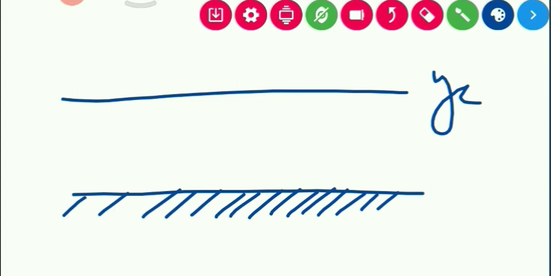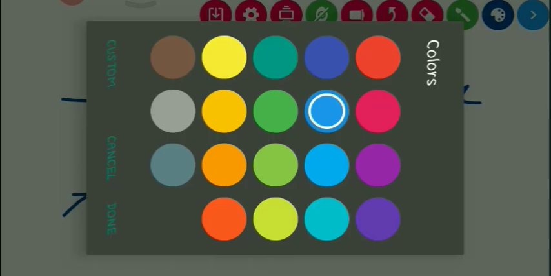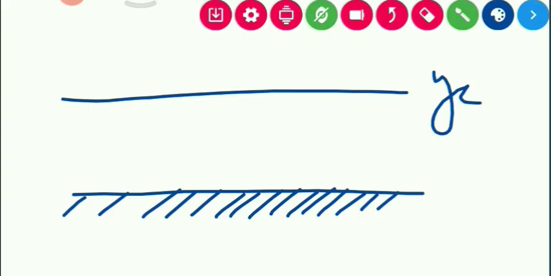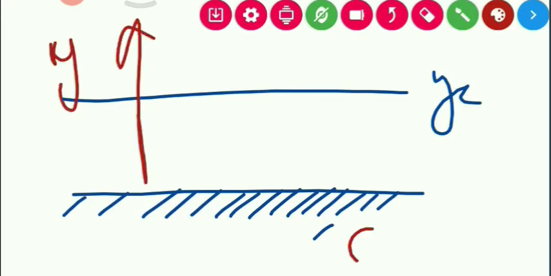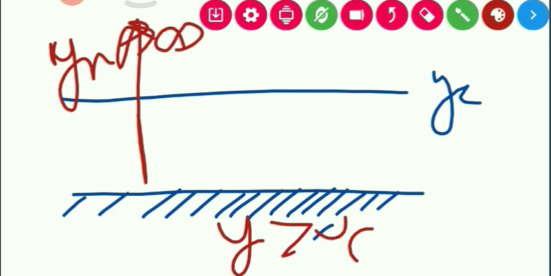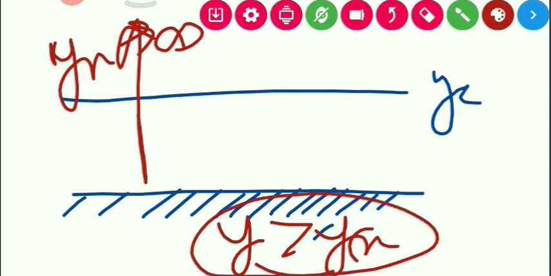The normal depth is far above this surface, because the normal depth of the flow is lying at infinity. So this case is not possible where y is greater than normal depth. Okay, so zone 1 does not exist over here. Here we have only zone 2 and zone 3.